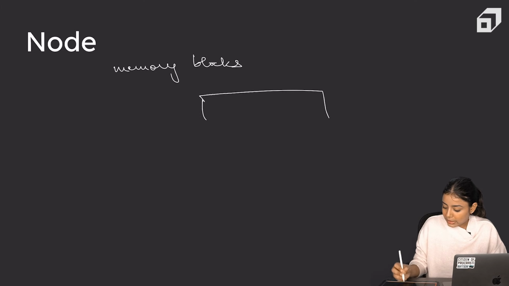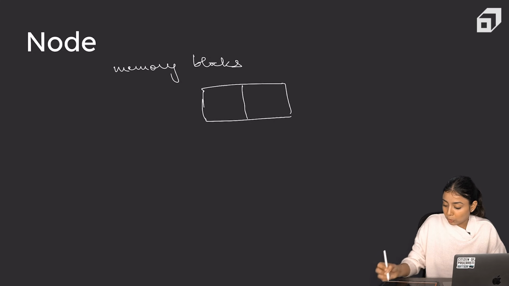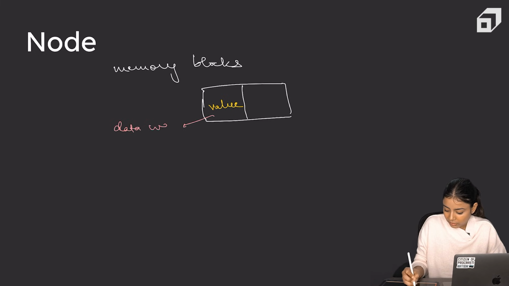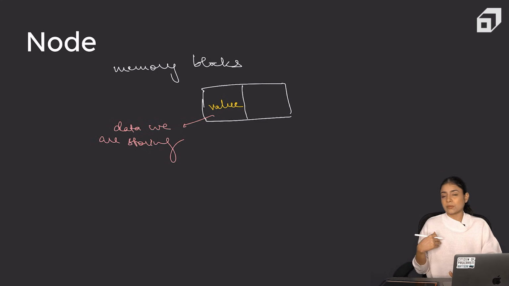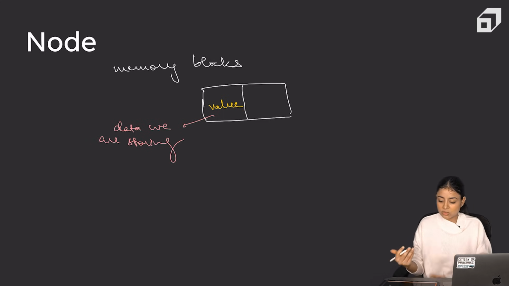Now a node is made up of two parts. First is the value, and this is the data that we want to store in our data structure.